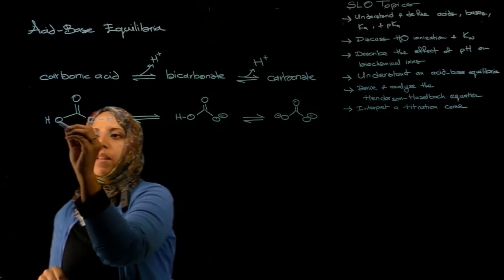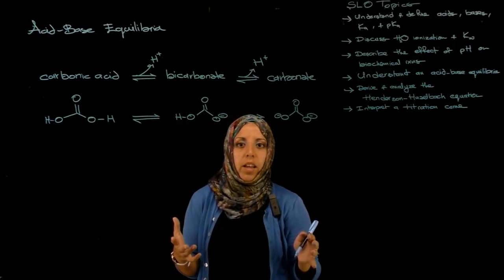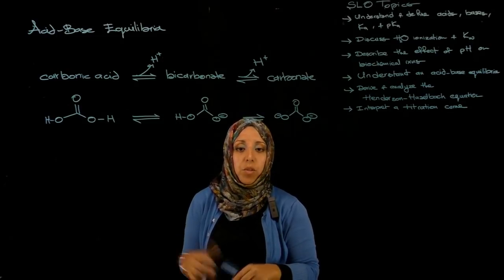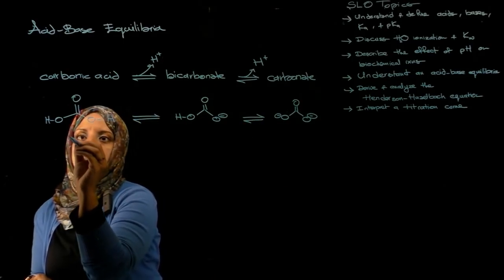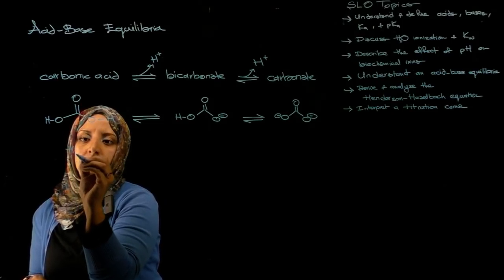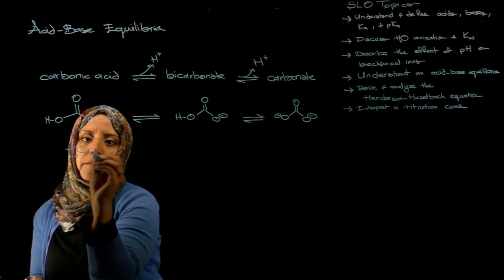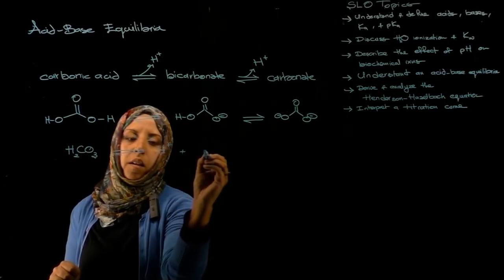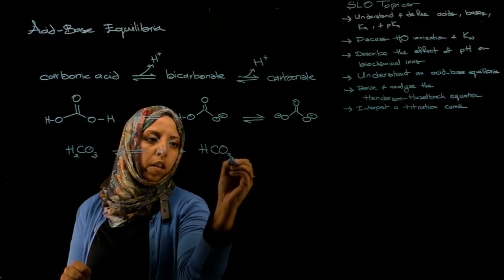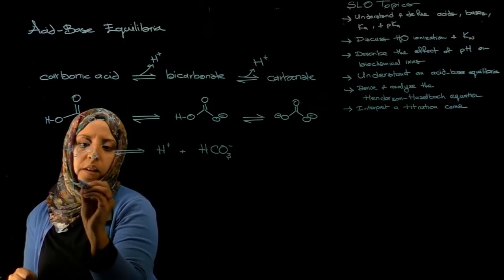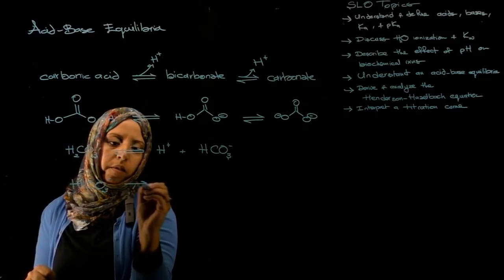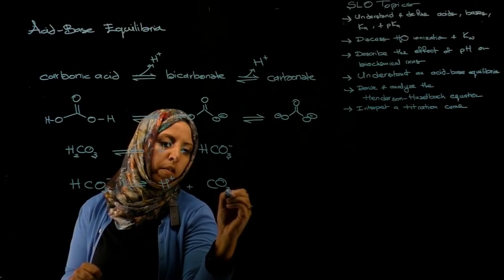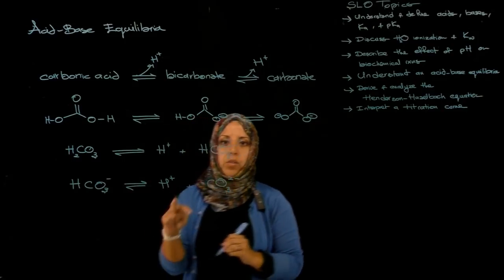In each step, it's losing a proton. So we write its acid dissociation as two separate steps, each of which has its own pKa value. Those would be the two equilibria.